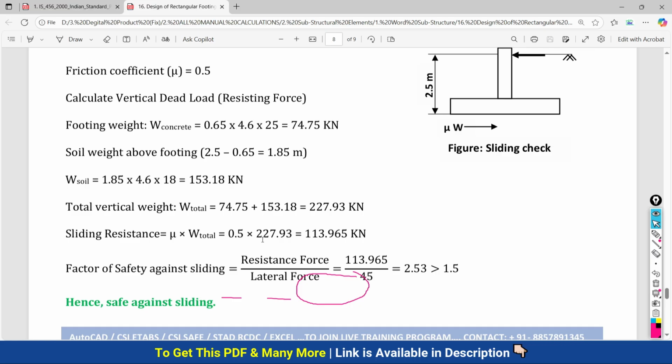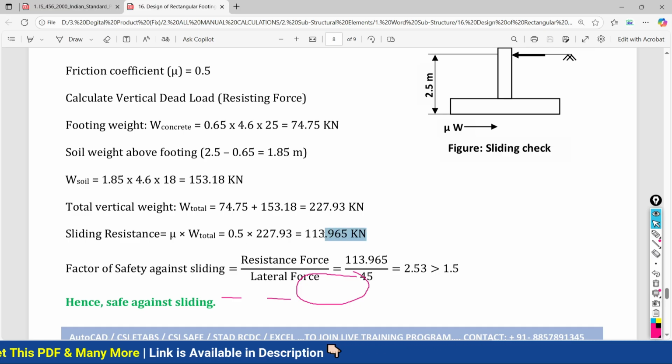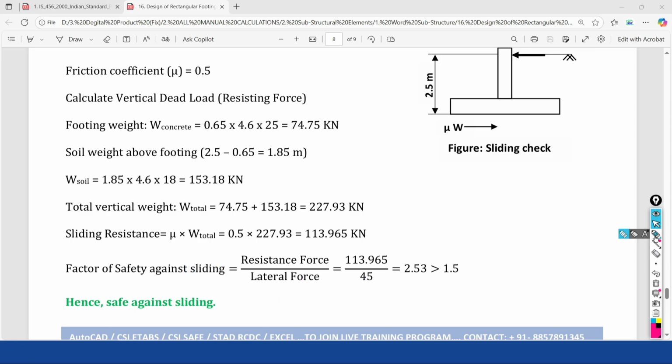So 0.5 times 227.93, we get the value of 113.965 kilonewton.